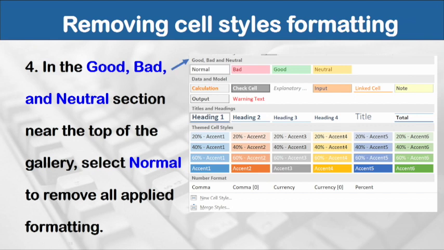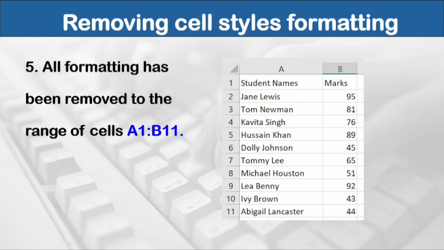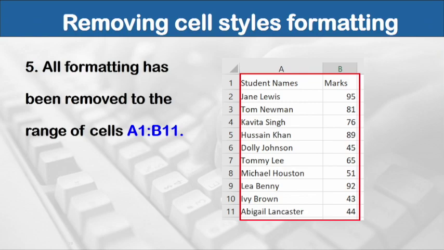In the Good, Bad and Neutral section, near the top of the gallery, select Normal to remove all applied formatting. Observe how all formatting has been removed to the range of cells A1 to B11.